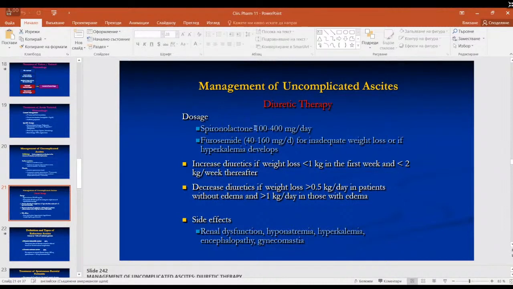Usually in liver failure, the dose of spironolactone is a lot higher. In heart failure, it's from 25 to 100 milligrams a day usually, but in ascites, we use higher doses from 100 to 400 milligrams a day. Furosemide from 40 to 160 milligrams a day, which means from 1 tablet, which is 40 milligrams, to 4 tablets a day, which is also a dose that is comparable to the dose that we use in heart failure.